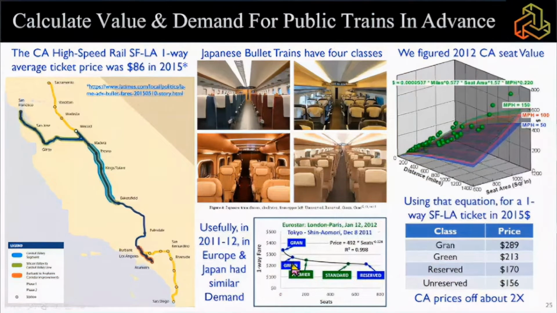And so you say to yourself, it's probably the case that there's a like value response surface. It may have a different constant, may have different coefficients, but there's probably a like curve for value and there's a like curve for demand. And if you're trying to figure out the value and cost of a public service, you probably ought to figure that out before you start making the service.